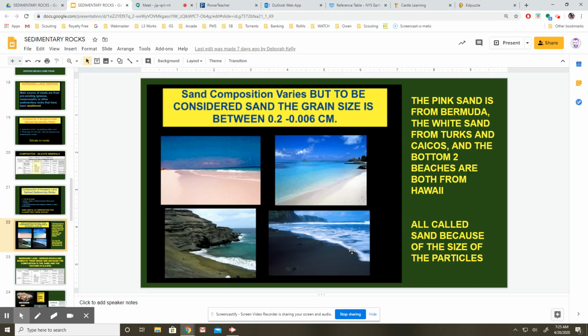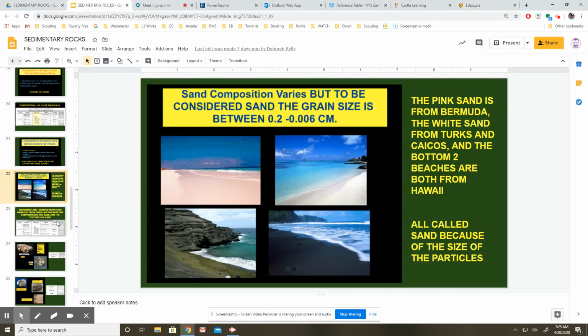You can see a big variety of sand colors producing different sandstones. So color is not helpful. What it's made of is not helpful. Again, we're going to particle size as the main identifier.